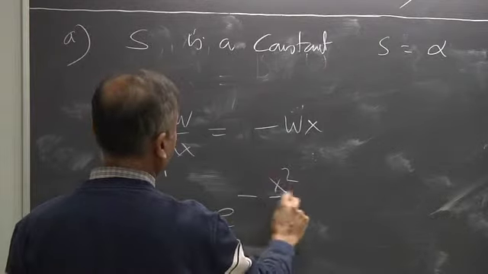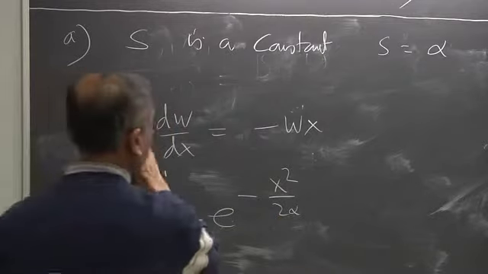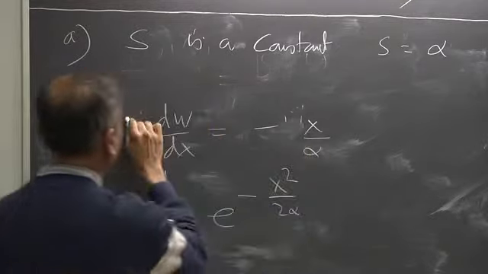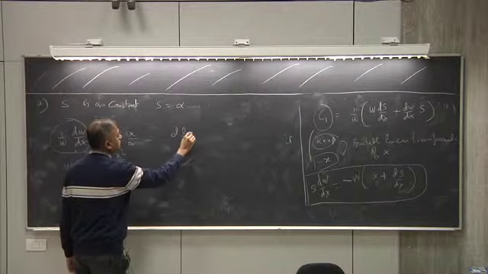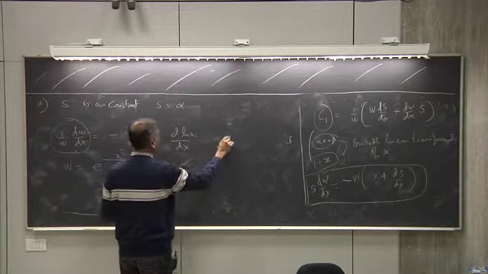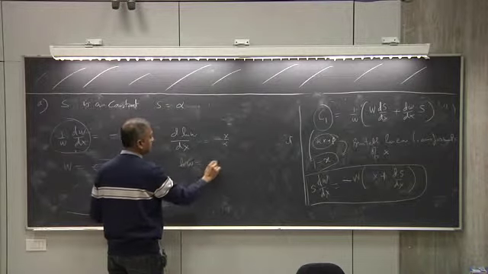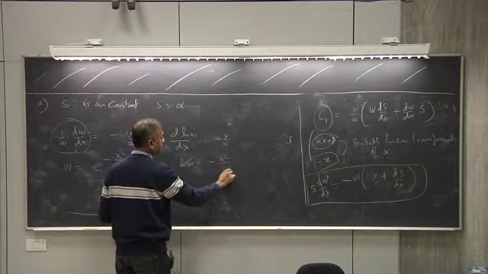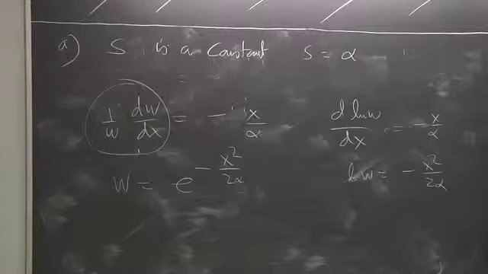Divide by alpha and divide by w. This is nothing else but d log w by dx, which is equal to minus x by alpha. So log w is minus x squared by 2 alpha up to some constant factor, but constants will not be important. So w is e to the power of minus x squared by 2 alpha.